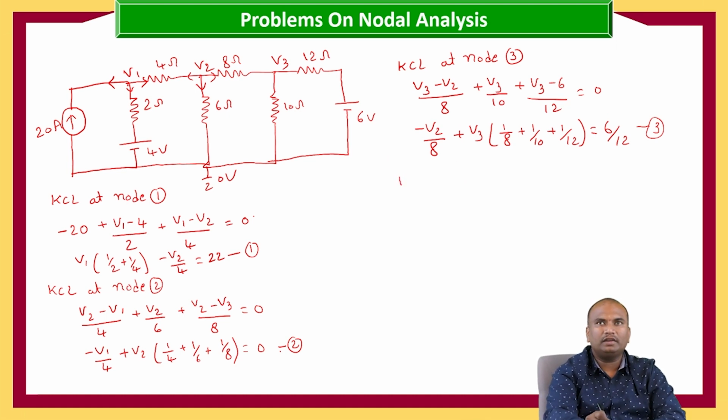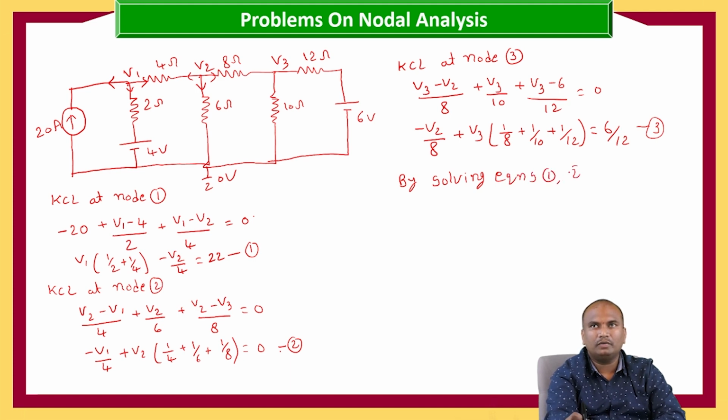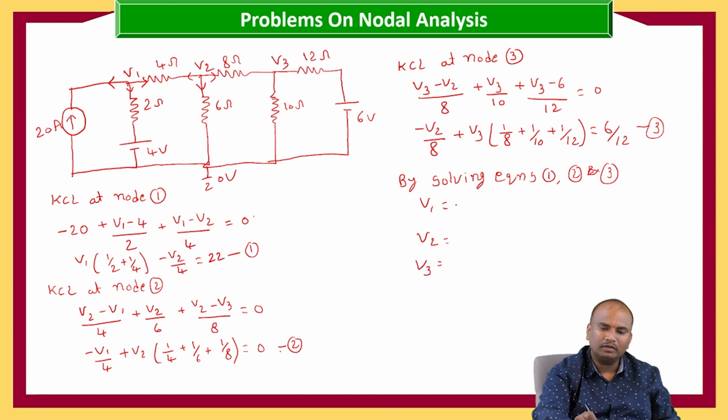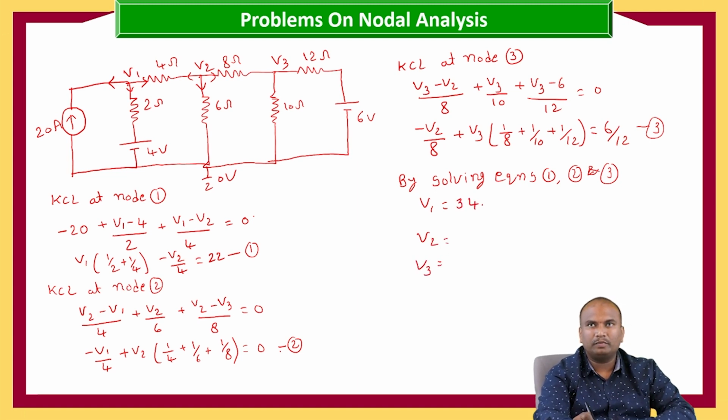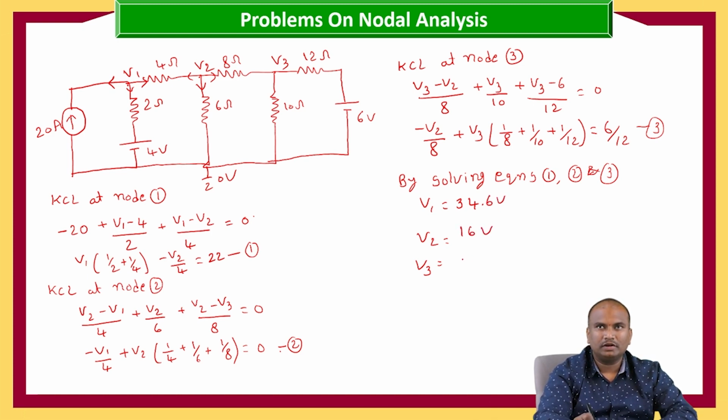Now by solving equations 1, 2 and 3, we'll get the V1, V2 and V3 values: 34.6 volts, 16 volts, 8.1 volts.